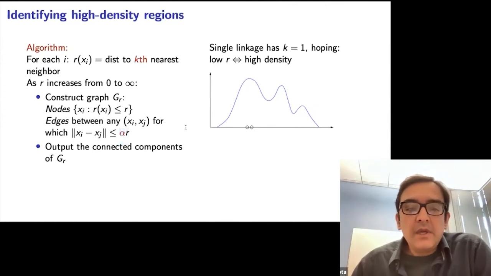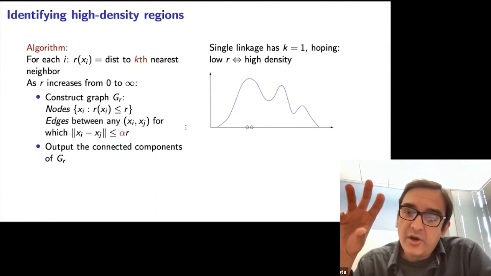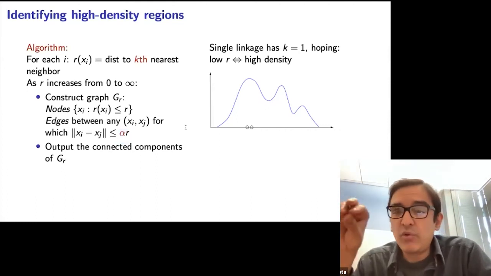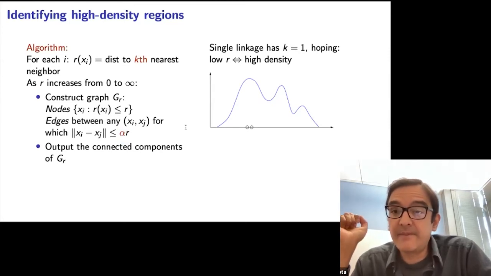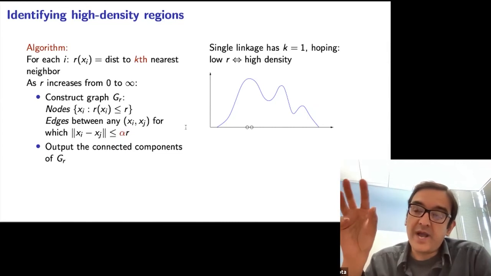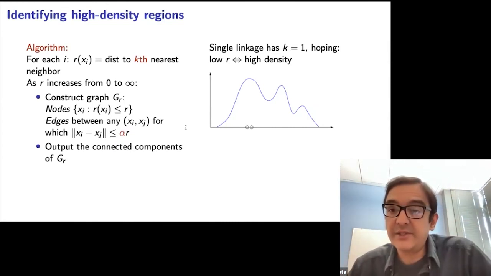The hope is that when we're on a small setting of the knob, since we're only getting points that are really close together, we're essentially just dealing with very high density regions. And as we gradually turn the knob more, we move to progressively lower density regions.